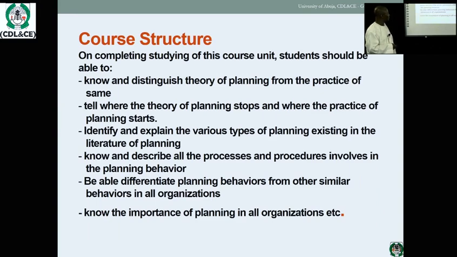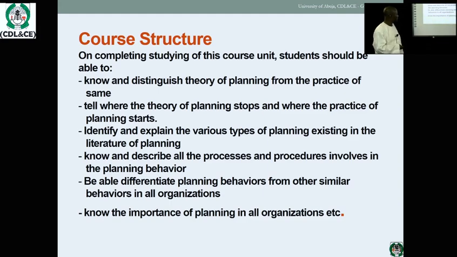On completing the study of this course, students should be able to know the following. They should be able to know and distinguish planning from other practices. They should be able to tell where theory of planning starts and where it stops, and where practice of planning starts and stops.